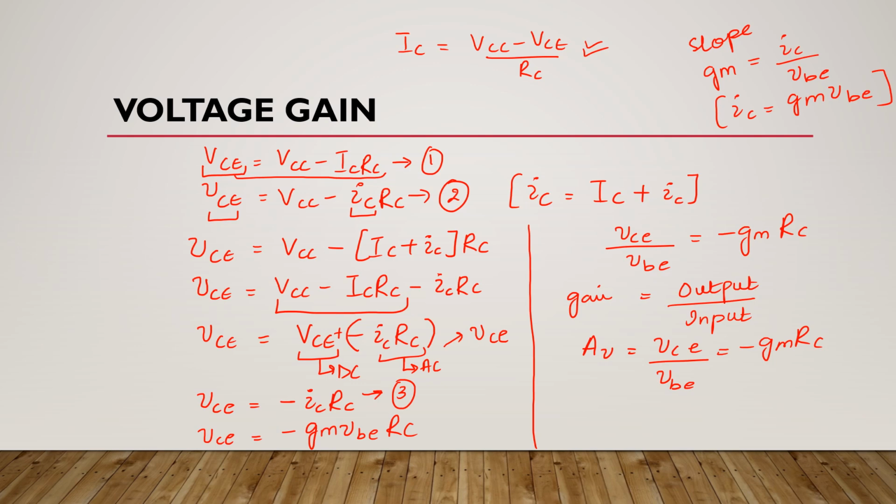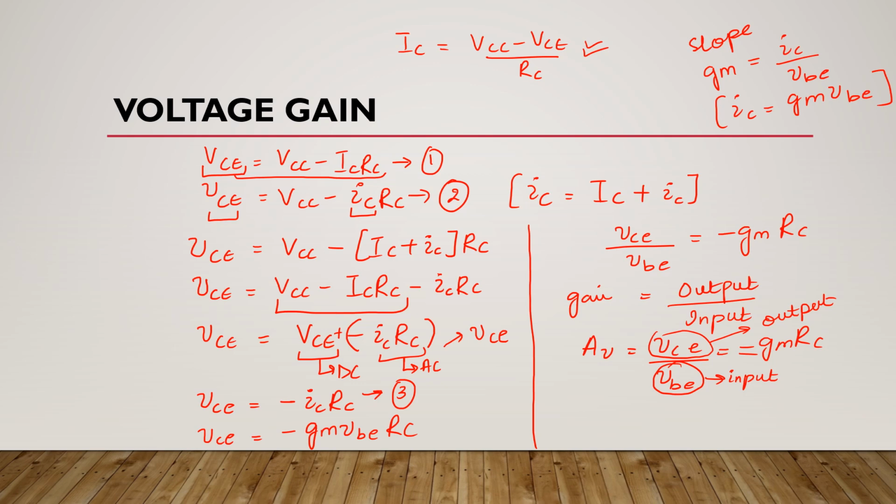It means this VCE is the output signal and this VBE is the input signal, and here this minus sign indicates that this output signal is 180 degree out of phase with respect to the input signal.